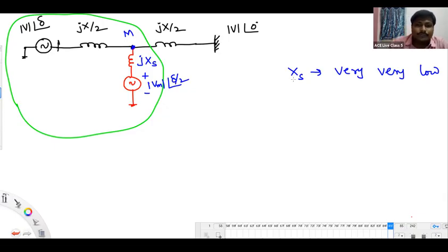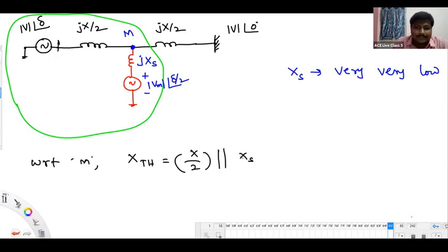Now, if you find the Thevenin equivalent reactance with respect to the midpoint, what is its value? The Thevenin equivalent reactance is nothing but X by 2 in parallel with Xs. But Xs is a very, very low number, so this can be approximated as close to 0. Are you understanding this?